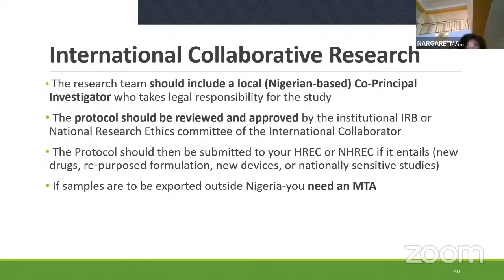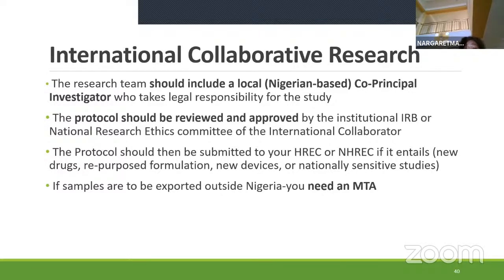It is mandatory that international collaborative research must have a local PI who will stand and speak to the project, whether pro or con. Not the outside collaborator, it is the internal Nigerian co-PI that holds responsibility for the conduct of the research on Nigerian soil.